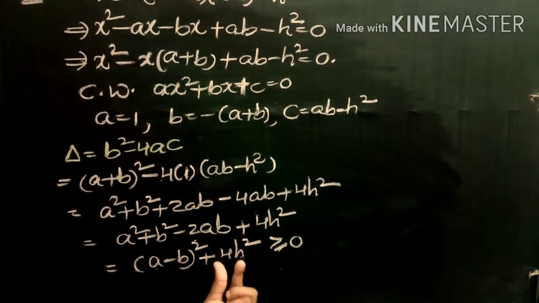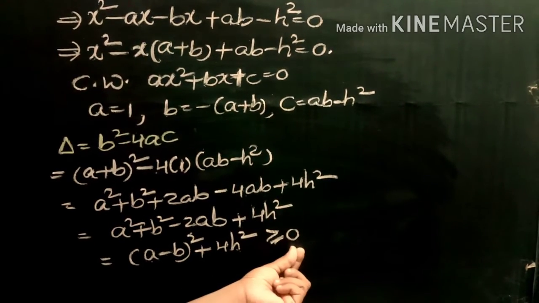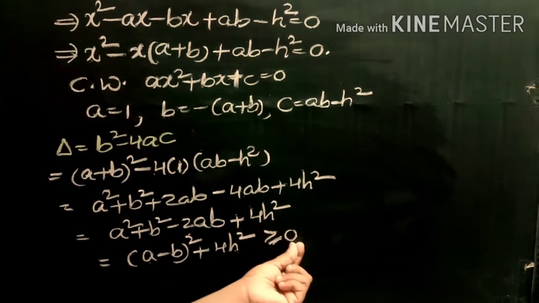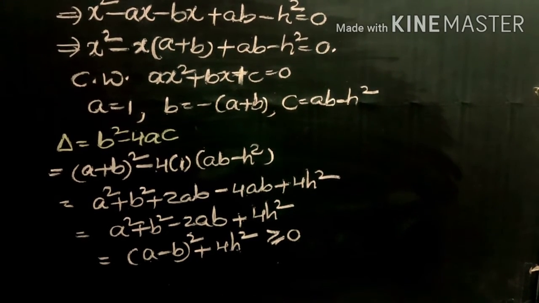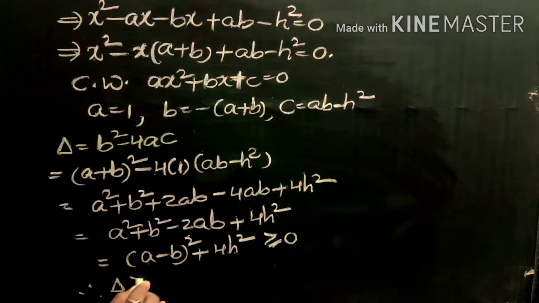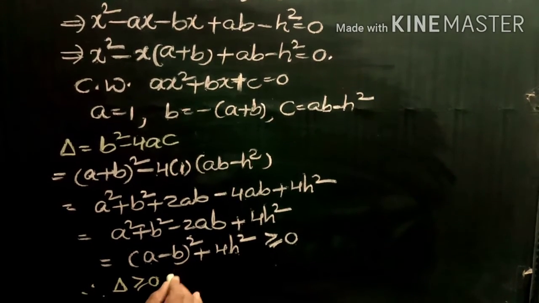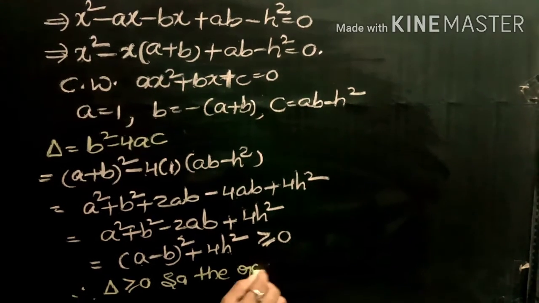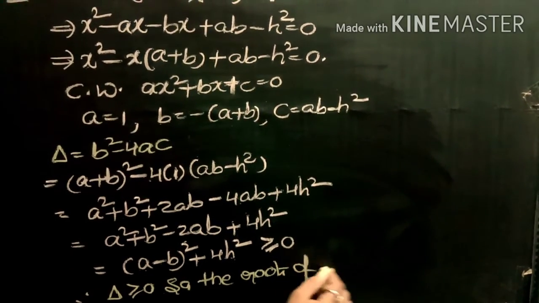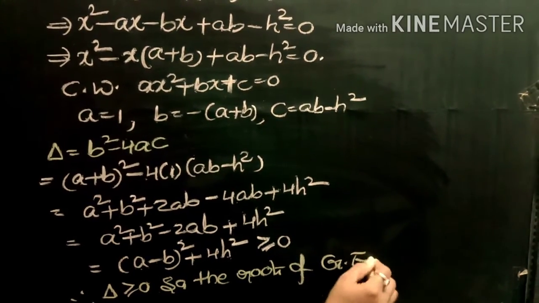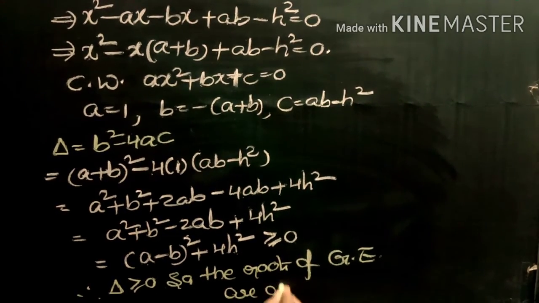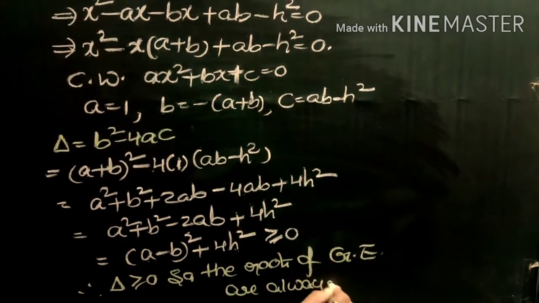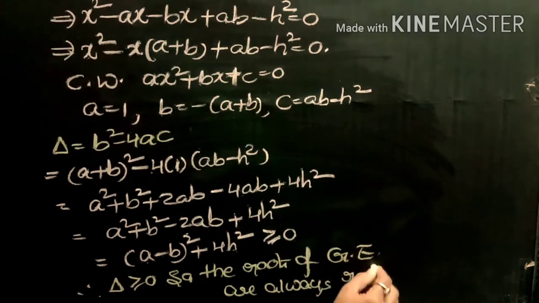If both of the values are equal to 0, then it returns the value 0, or otherwise it returns a value greater than 0. Therefore delta is greater than or equal to 0. So the roots of the given equation are always real. That's all.